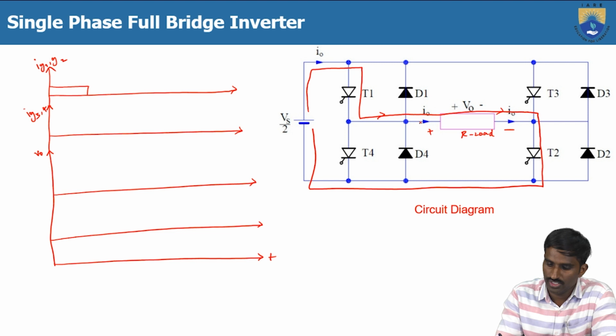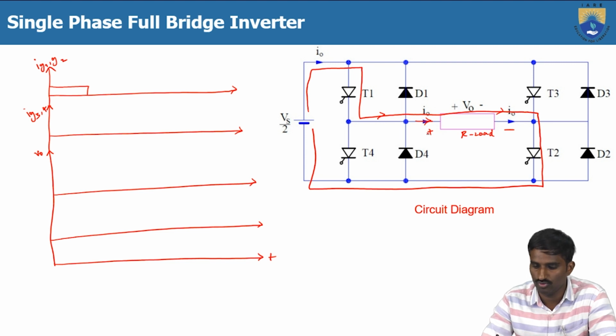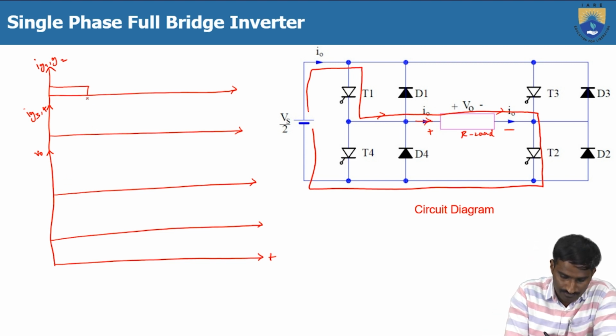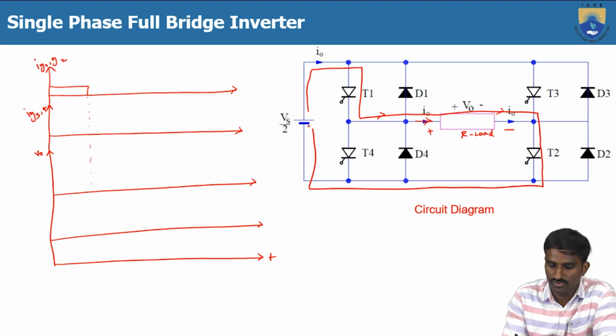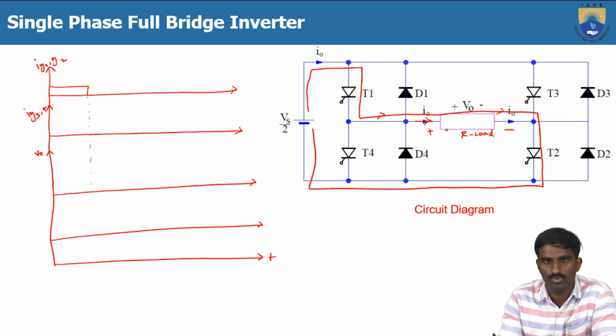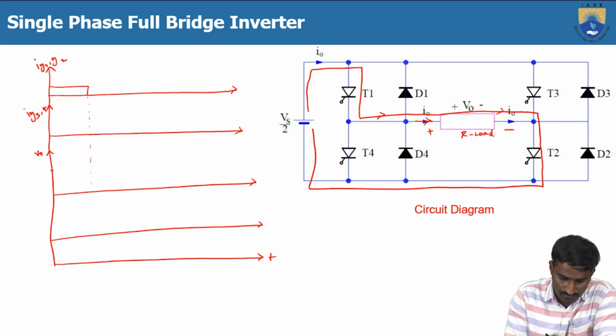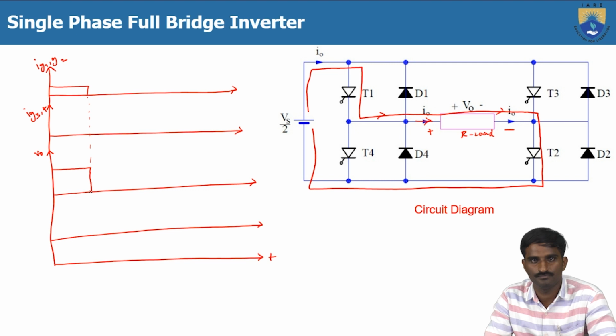Here the direction of the current is in this way, I0. Let us consider this is our reference direction. Whatever the supply voltage that you are giving, the same amount of voltage you will get across the load, which is V0. So you will get this voltage.